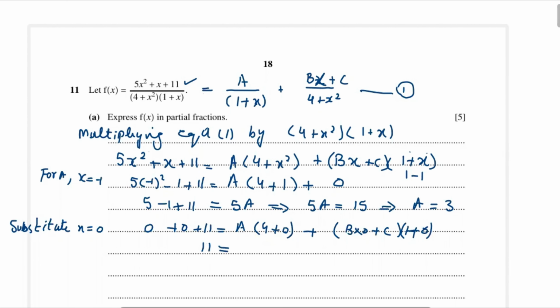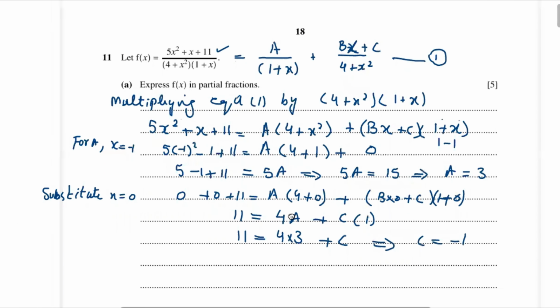Therefore, we get 11 equals 4A plus C into 1. And we substitute the value of A as 3: 4 times 3, 11 equals 12 plus C. Therefore, C will be equal to 11 minus 12, equal to minus 1. Now we find the next value.